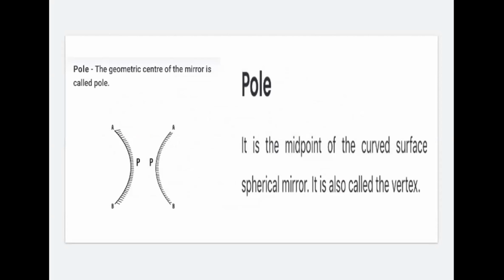The first and foremost terminology that we will now study is the pole. What is the pole? It is the midpoint of the curved surface of a spherical mirror. It is also called the vertex. The second definition is that the geometric center of the mirror is called the pole.